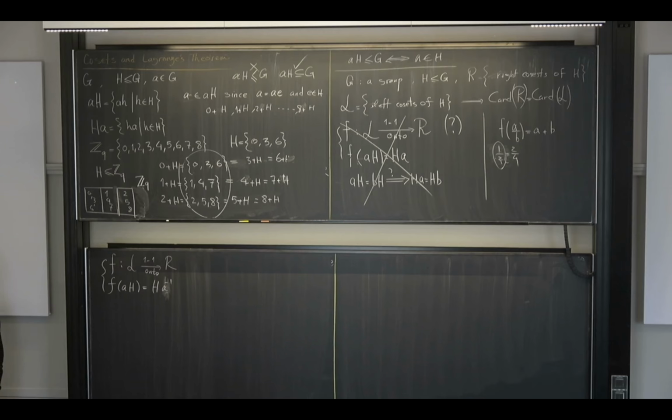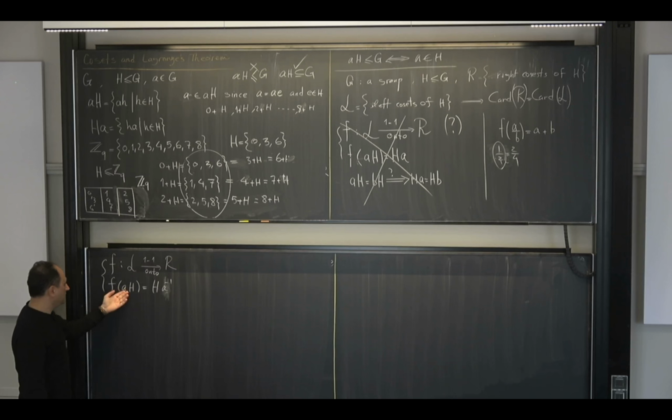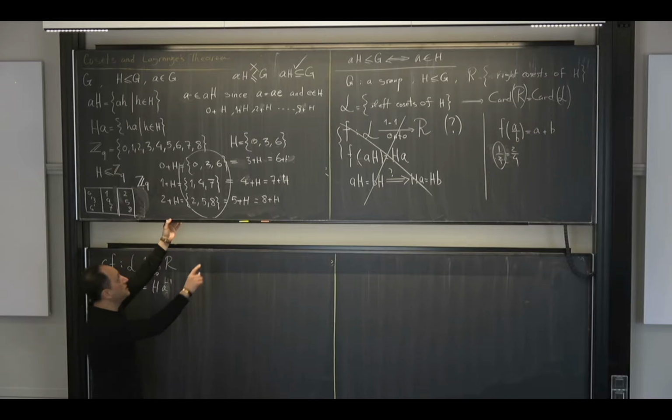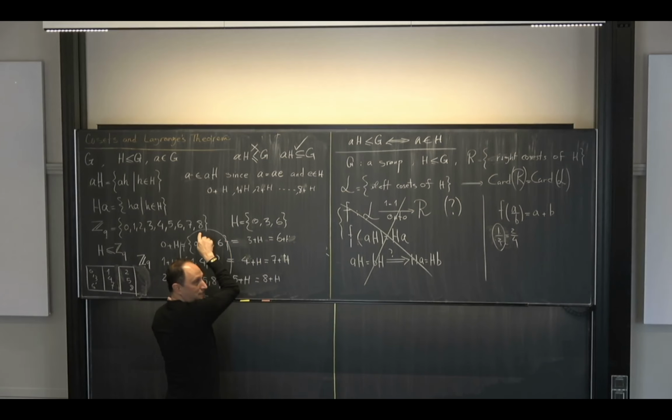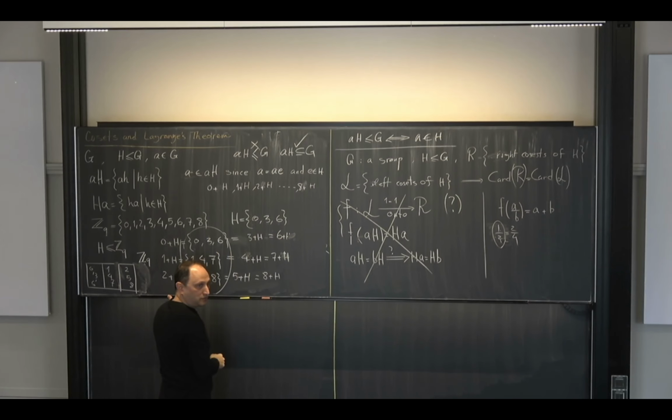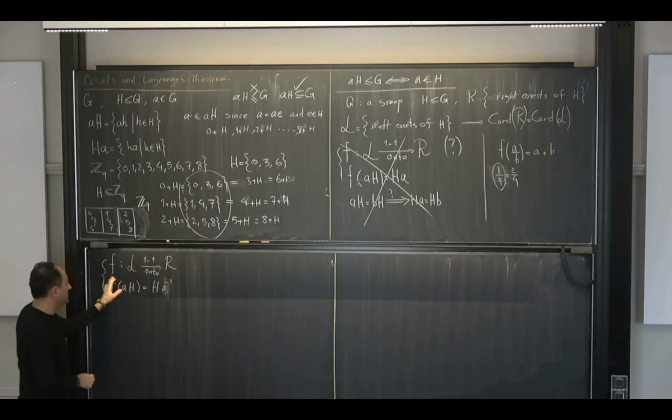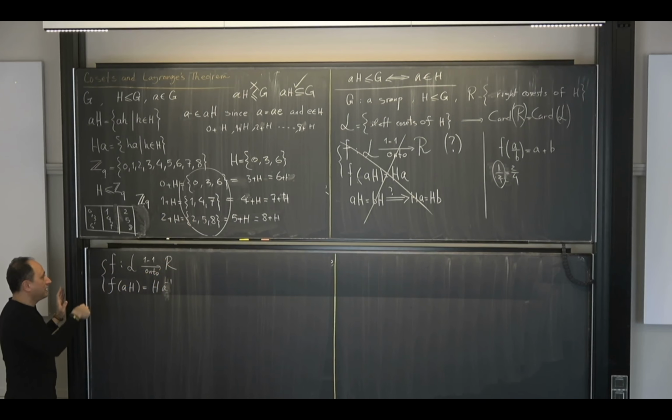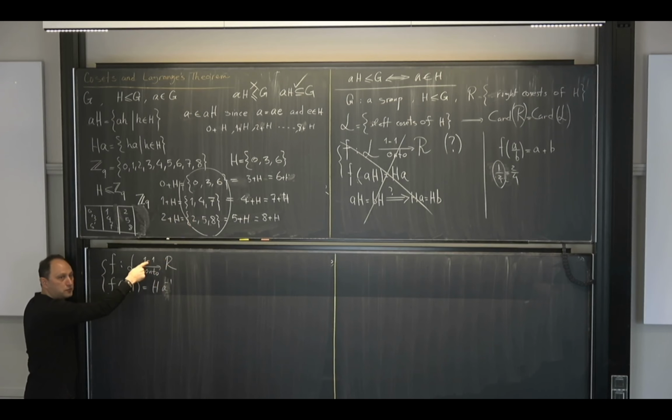Is that right? Proving this is not hard, but be careful. Here you have to show that this is a well-defined function, because you realize that cosets can be the same, but they might have different names. So if you want to prove that this is a one-to-one correspondence, in normal situations, we start with proving injectivity and proving surjectivity. But if you define it in this way, the same coset might have different symbols symbolizing it. So there is one more step you have to do before those.